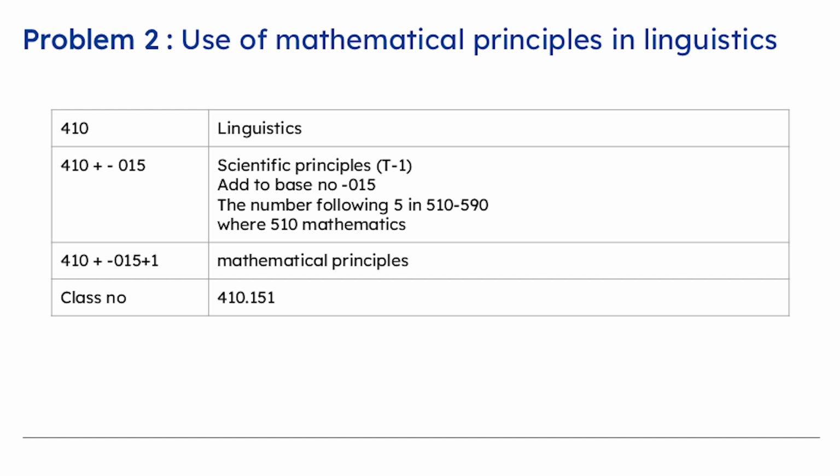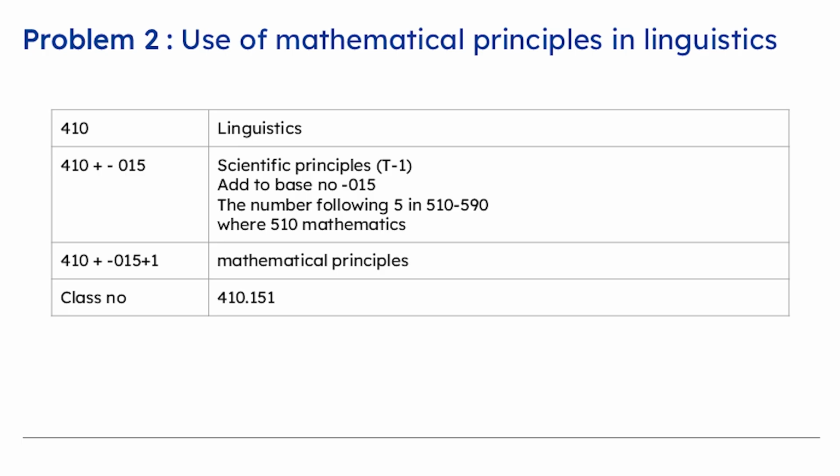You will see 510 means mathematics. We need this concept. We don't need the scientific principle, yet we have to add mathematical. So that's why the add notation is there. It is a kind of synthesis. We are adding some more numbers. What do we have to add?